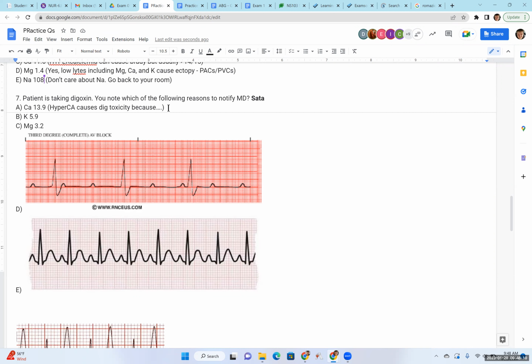All right, so then K of 5.9. Low K causes dig toxicity, not high. Okay. Yeah, K of 5.9 can cause bradycardia, or maybe they get in there. Usually when more than 6.5 cause bradycardias. And then MAG of 3.2. So low MAG can cause low K, and that would be concerning.